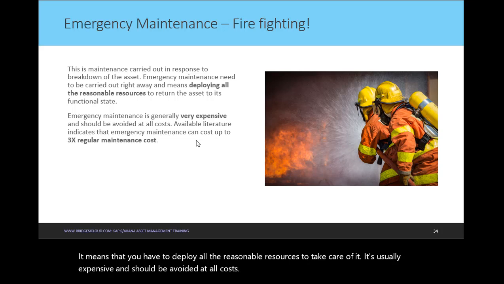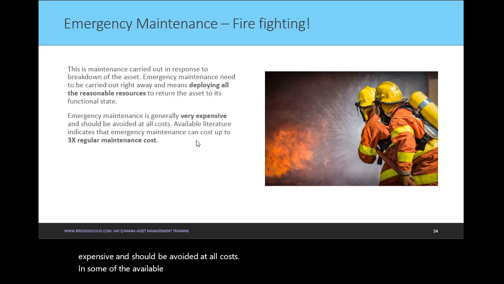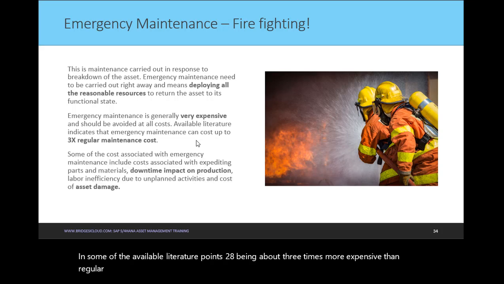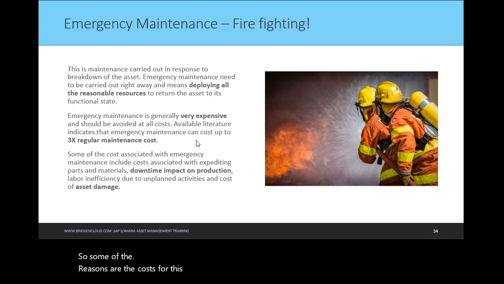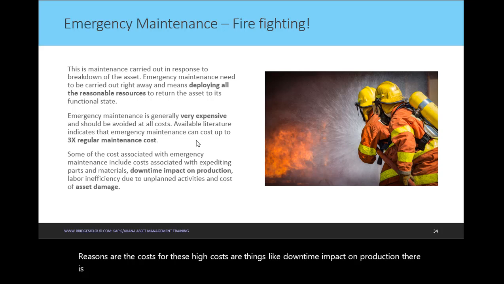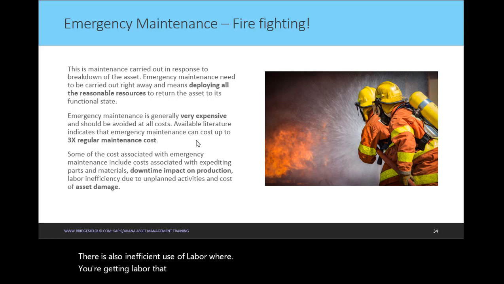Some of the available literature points to it being about 3 times more expensive than regular maintenance costs. Some of the causes for these high costs are things like downtime impact on production. There's also inefficient use of labor, where you're getting labor that is unplanned to take care of the event. And then there could also be costs related to the asset damage.